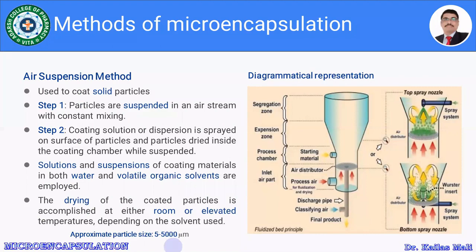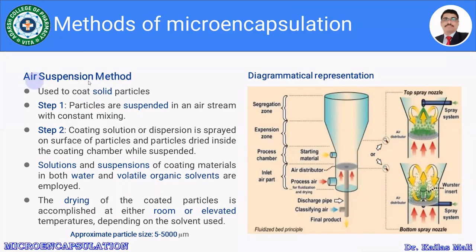Maybe all of you are aware about the coating of the tablets, and there is one specific coater which is used, and that is known as the Wurster coater. The methodology is known as the air suspension method.